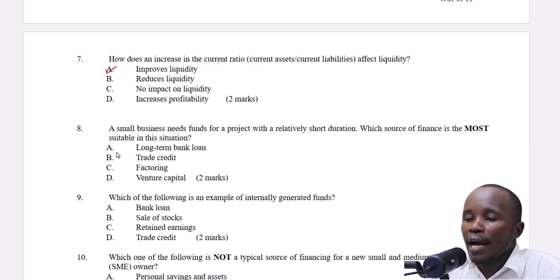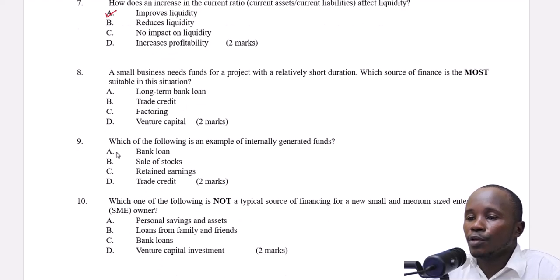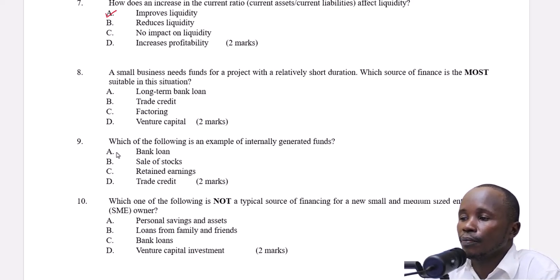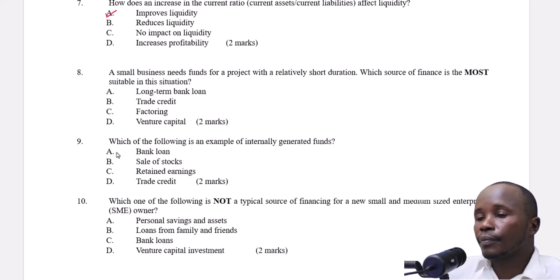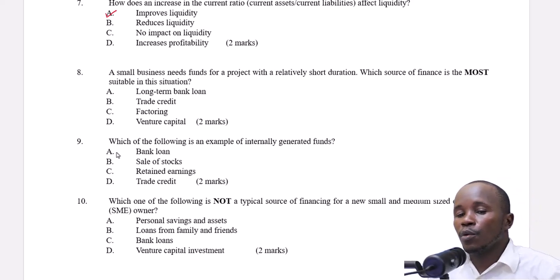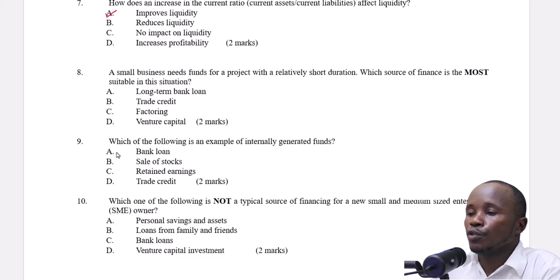Next, we look at question number 8. You are told a small business needs funds for a project with relatively short duration. Which source of finance is the most suitable for this situation? We want to see which source of finance you can use to finance short term.